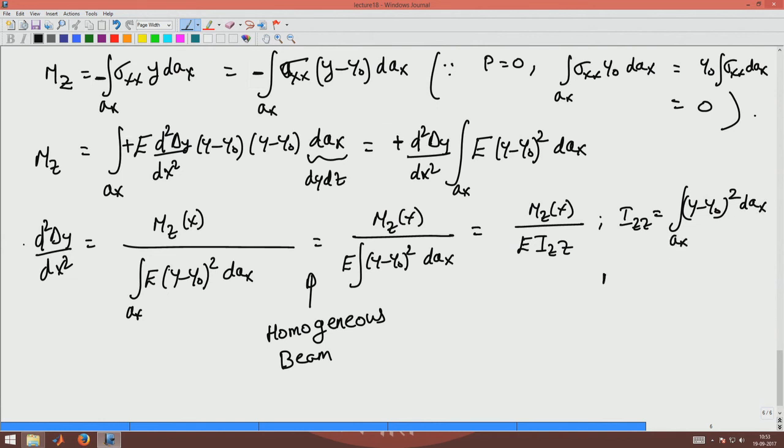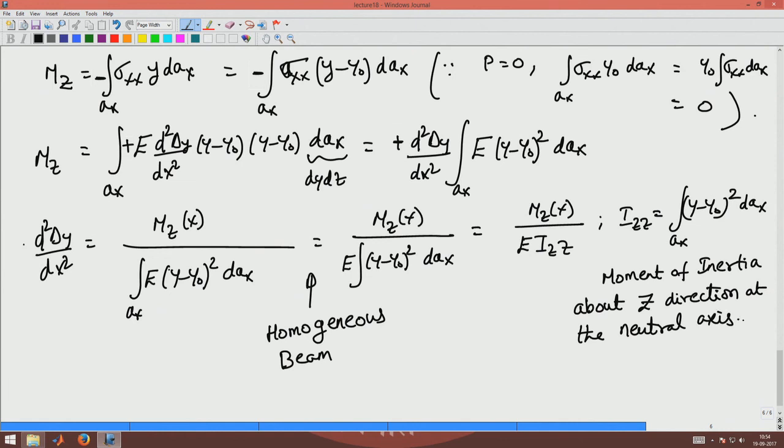This is the moment of inertia about the z direction of the neutral axis.